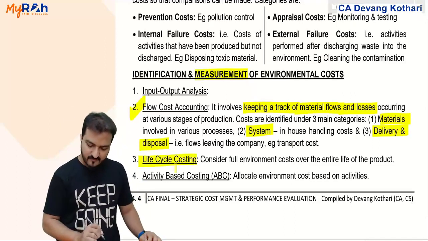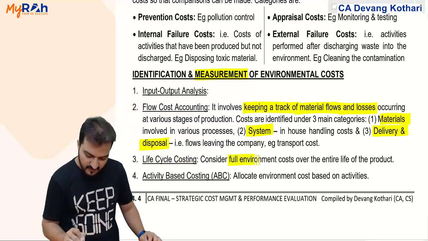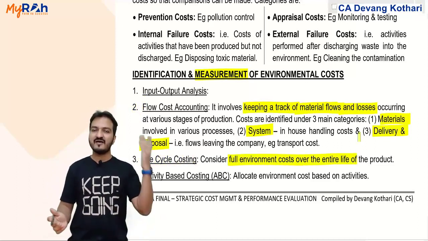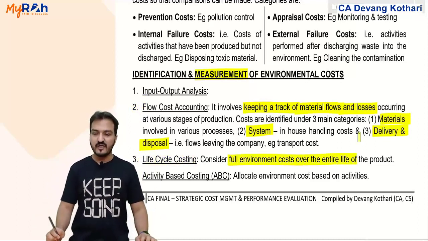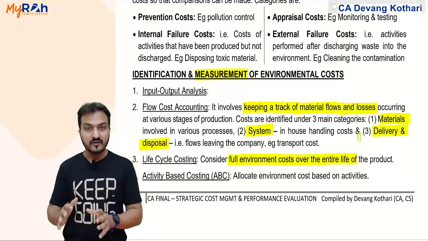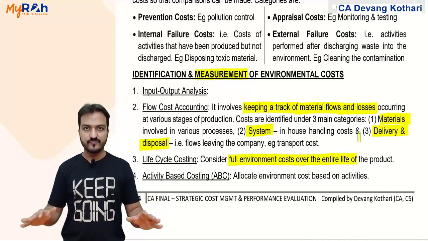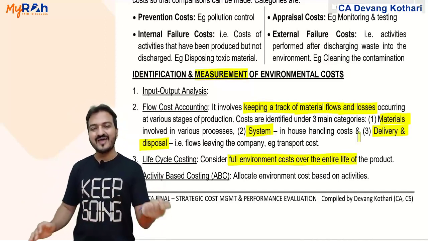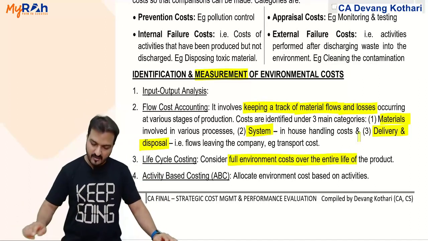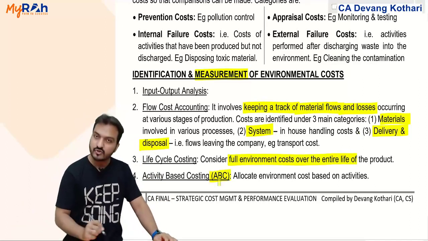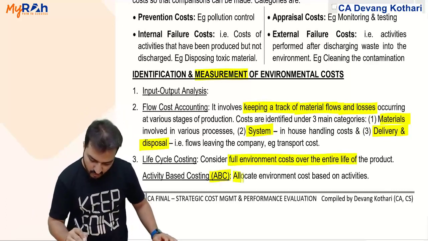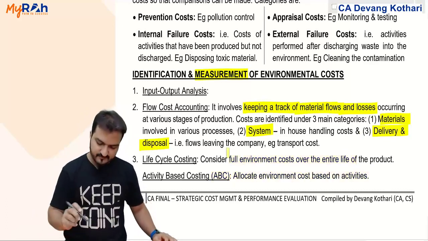Life cycle costing means you consider full environmental cost over the entire life of the product. We already did life cycle costing. We said there that life cycle costing means identifying cost and revenues over the entire life. Over here you identify environmental cost over the entire life of the product. And finally, activity based costing is used for allocating environmental cost based on activities.